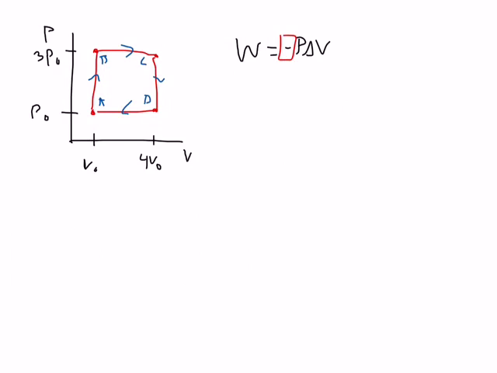But they give you this equation, this is the work done on the gas. So they're giving you the opposite of what this is asking for. The opposite, you just flip the negative sign again. So the work by the gas is just P delta V.